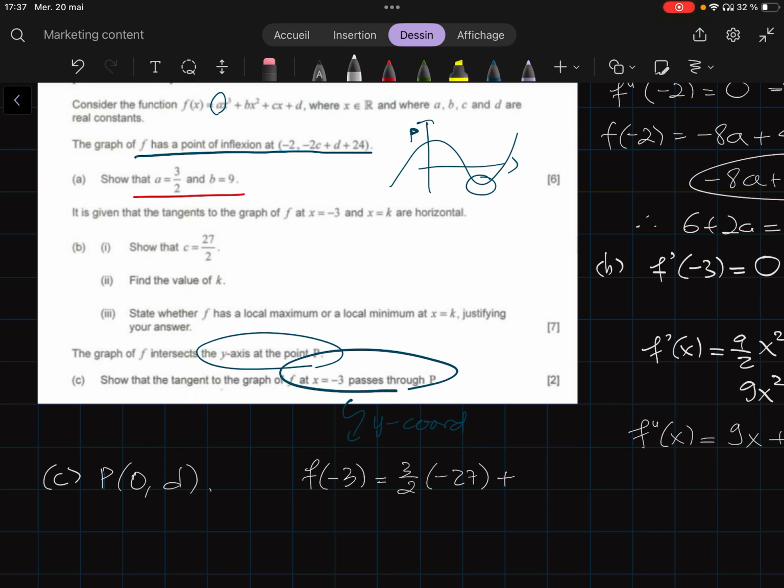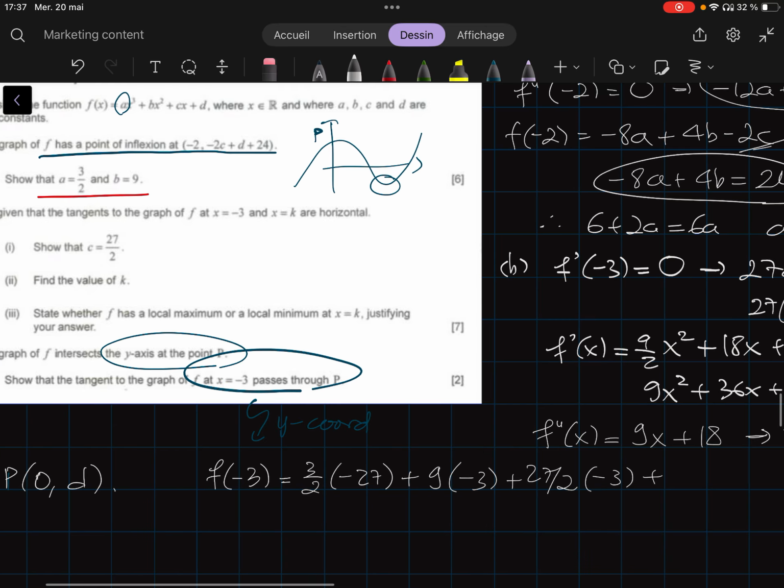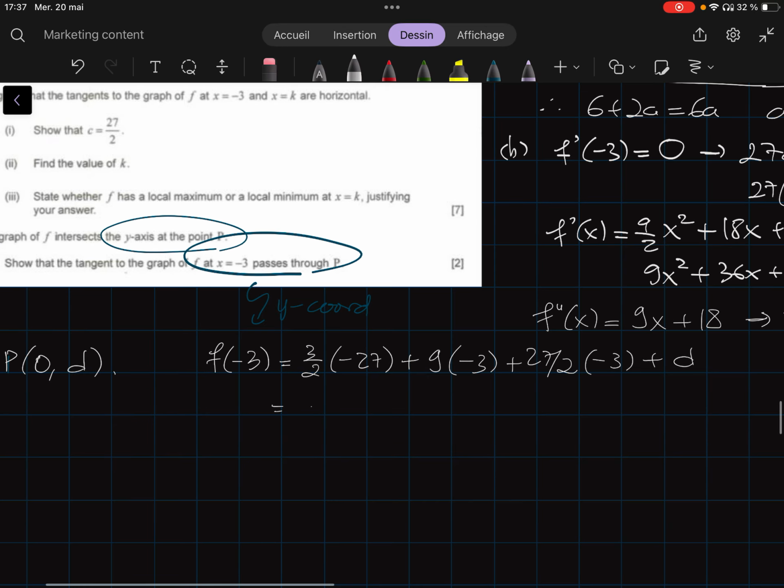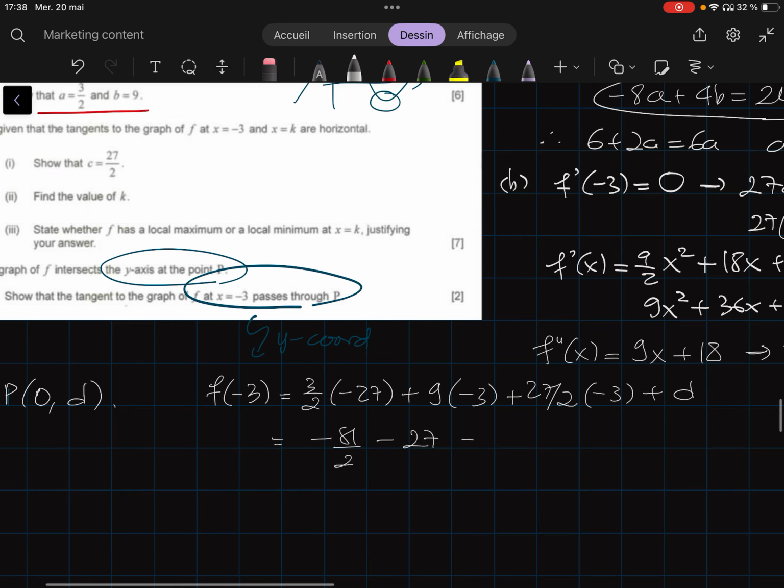Okay, B is 9, C is 27/2, oh wait, no, there should be a 9, sorry.